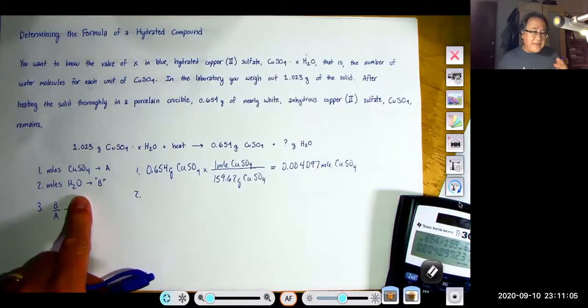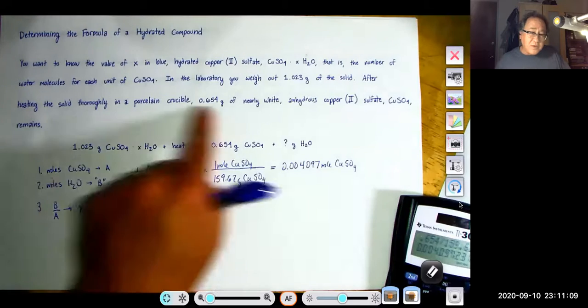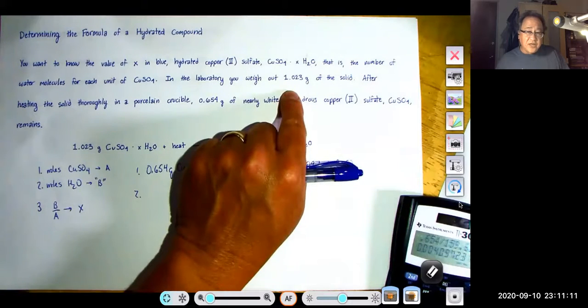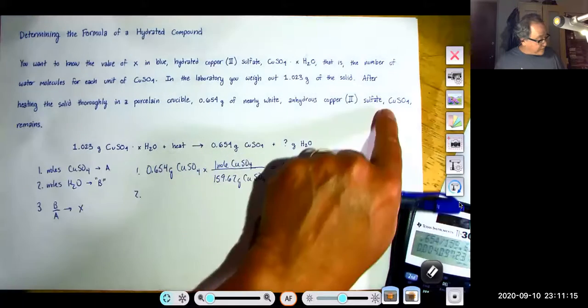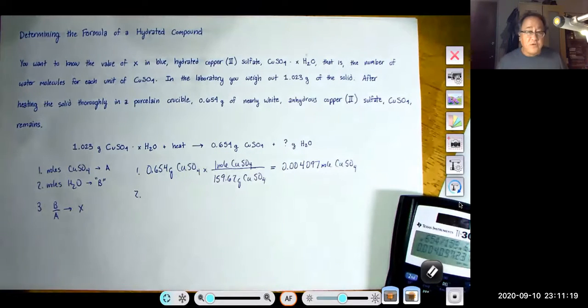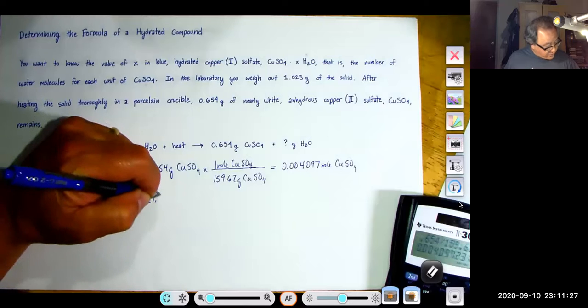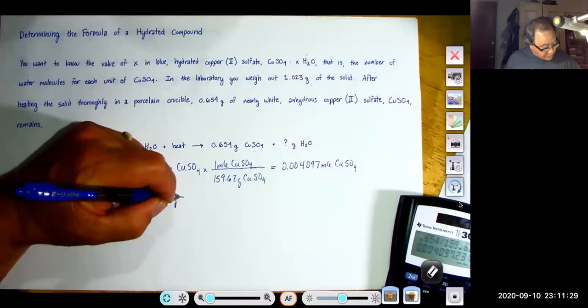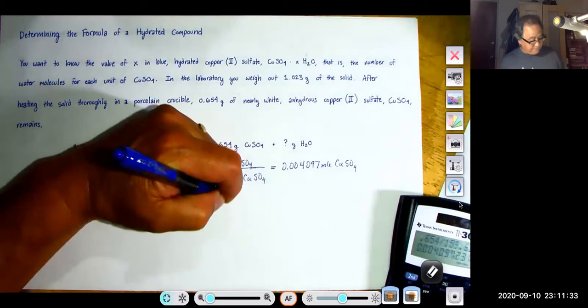Well, first we need the mass of H2O. If we started off with 1.023 grams of the stuff and it had H2O in there, and it ended up being 0.654 after all the H2O has been removed, then the amount of H2O is the difference. So we have 1.023 grams minus 0.654 grams of H2O.